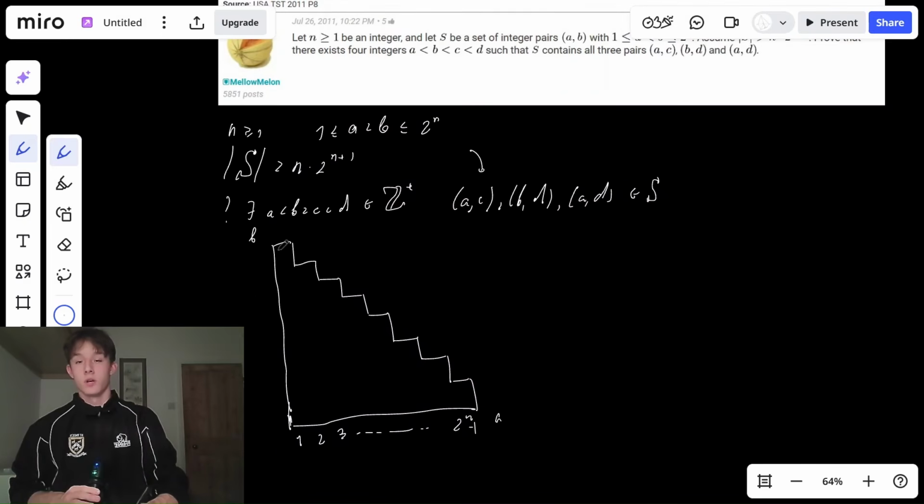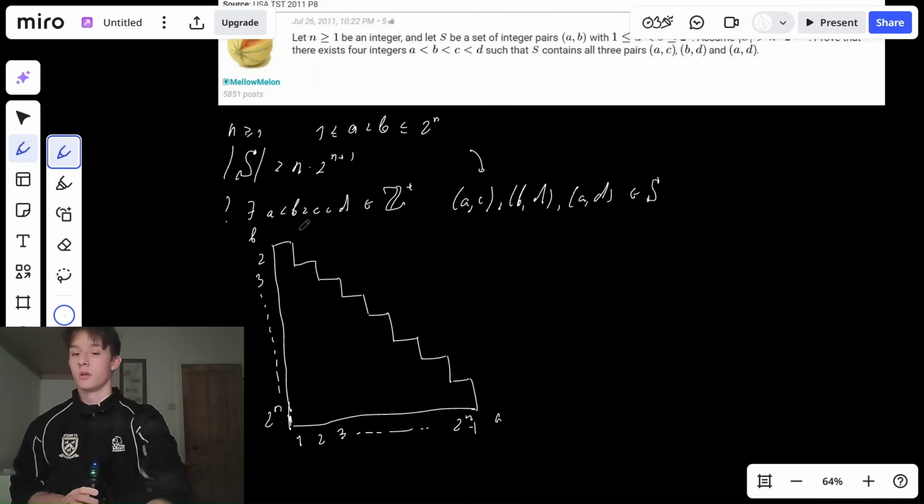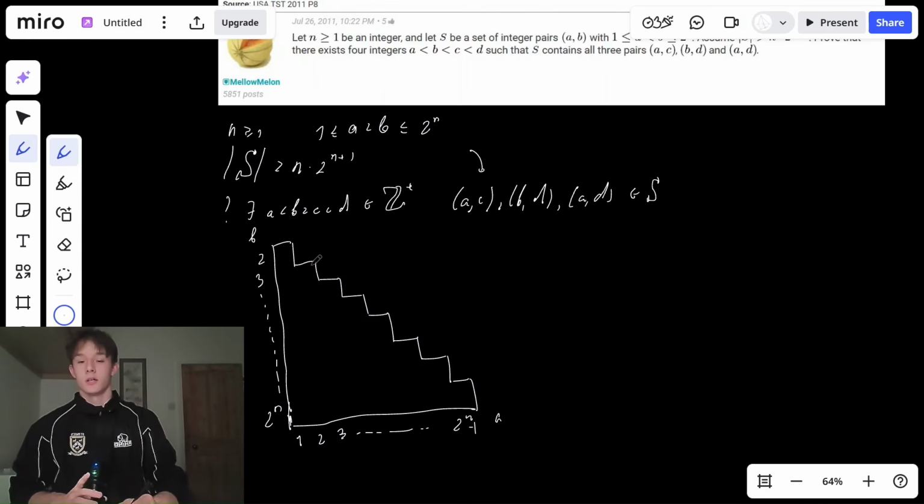And b is a bit different. We start b from 2, and we go from the top, and then we go to the bottom, like this. And if you now look at every single point, b will be greater than a, simply because these points are points of equality. They're 2, 2, 1, 1, 3, 3, and so on.